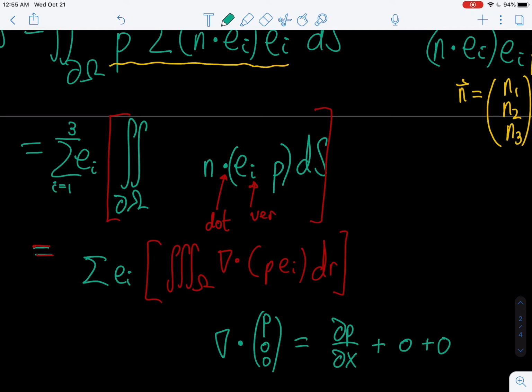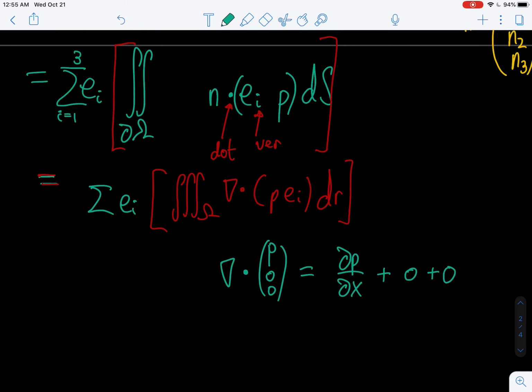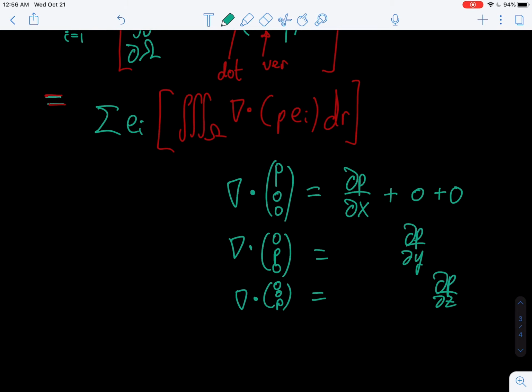Now I'm going to move the summation back in, and I'll have the divergence of p, 0, 0, the divergence of 0, p, 0, and the divergence of 0, 0, p, all added together. So what do I get? I get dp dx, dp dy, dp dz, once I move the summation inside. Then that's just the divergence, by definition of divergence of p.